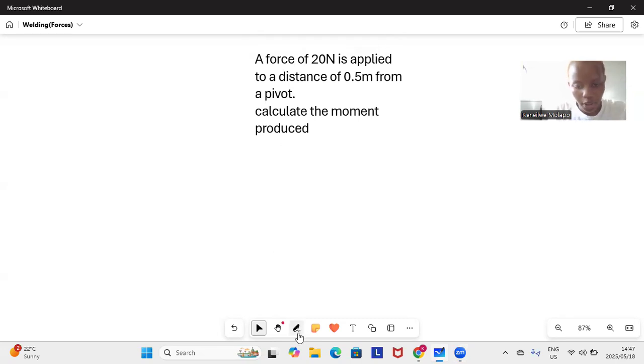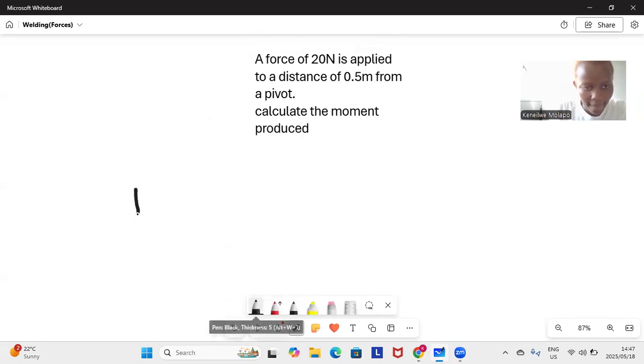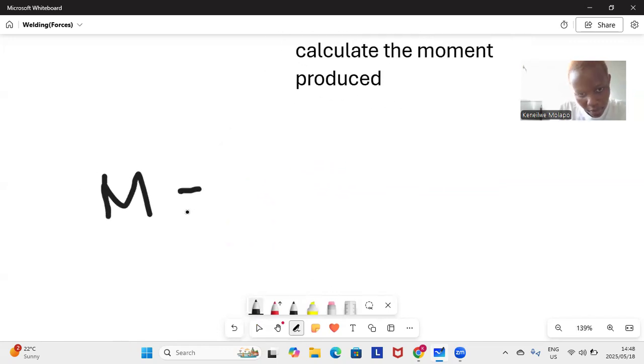Since you know the formula of moment, M equals F, which is the force, multiplied by the perpendicular distance from the pivot.